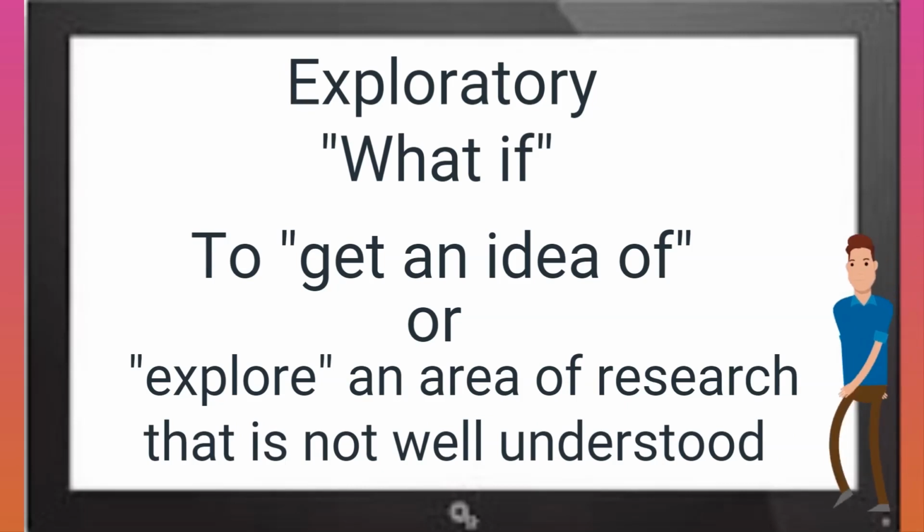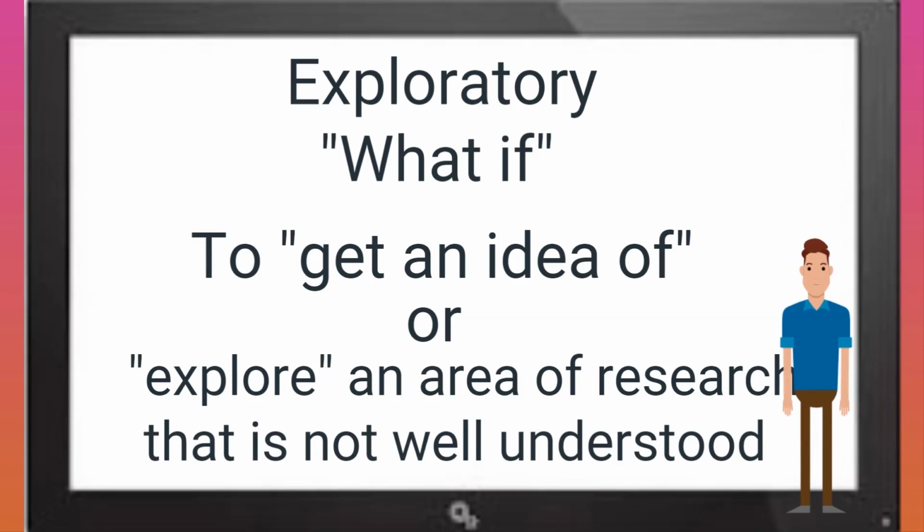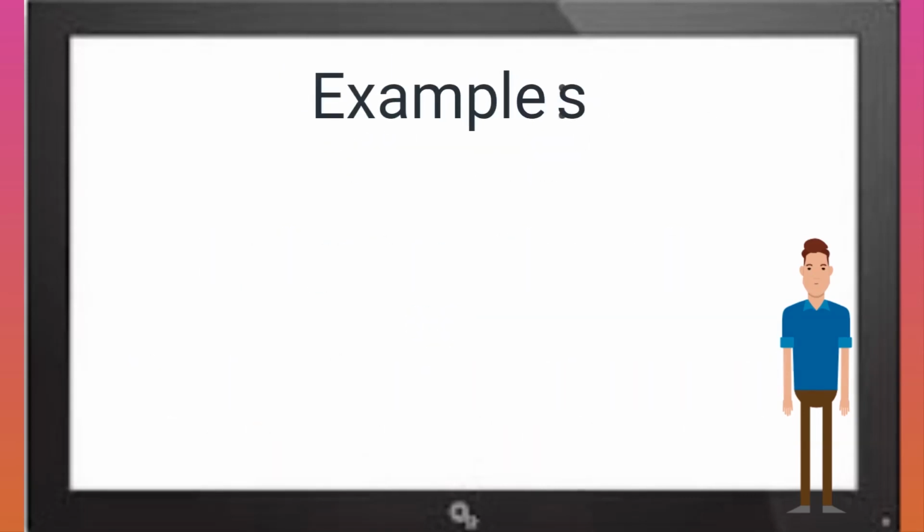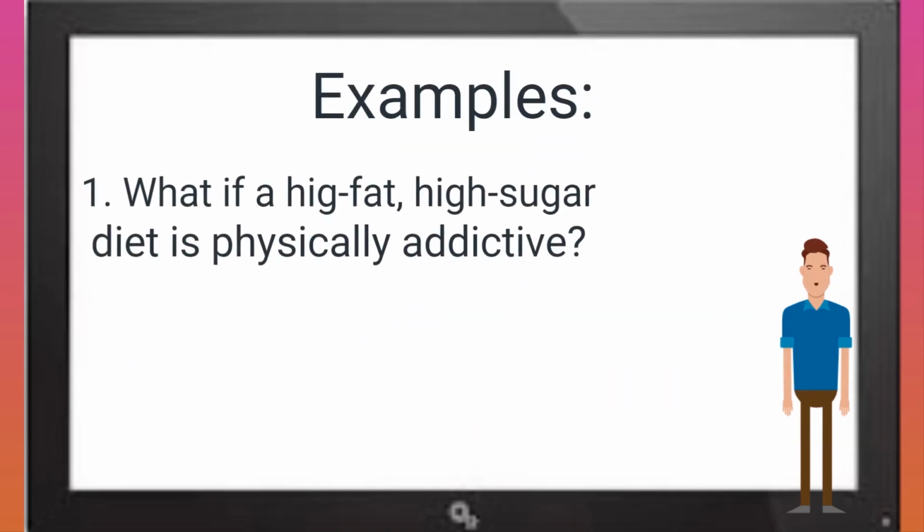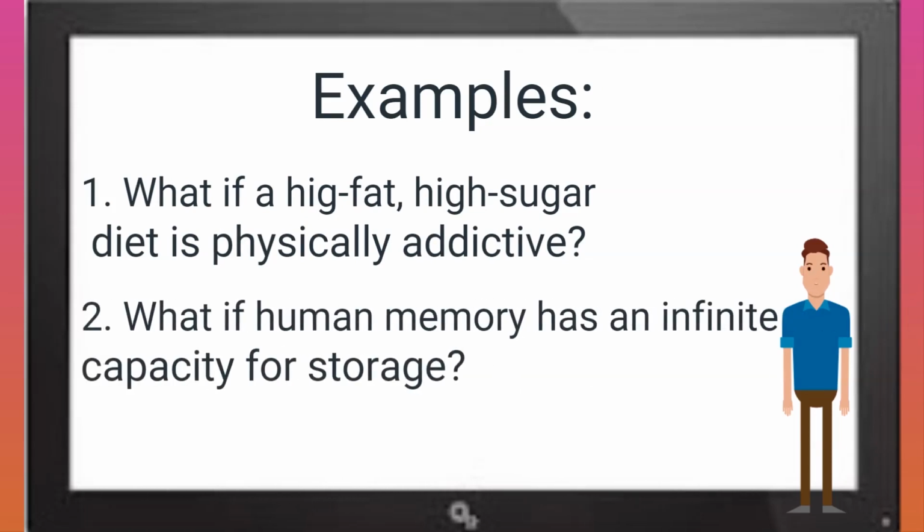Rarely do these questions provide definitive answers. Rather, they lead to a stronger focus for subsequent research. Examples: what if a high-fat, high-sugar diet is physically addictive? Another example: what if human memory has an infinite capacity for storage?